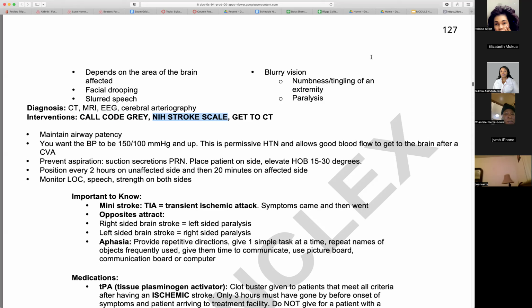It will bring more oxygenated blood to the brain. It will help it to recover. This is what we call permissive hypertension. You're going to permit hypertension after a stroke because it helps in the healing process.